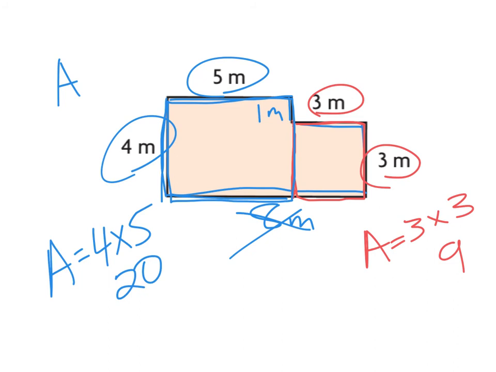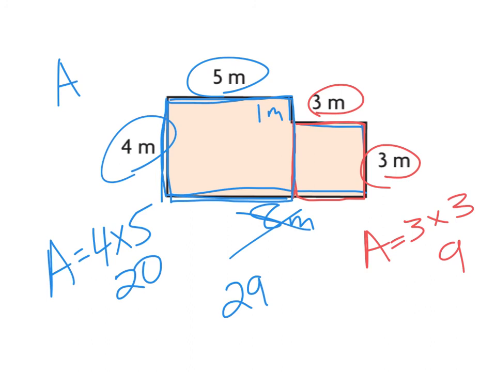Okay, now I've got to stop and think, well, hey, if I want the area of the entire thing, I've got to look at this as kind of a combination now. I've got a square on one side, I've got a rectangle on the other. If I put those together, I'm going to have to take those two and add them up. Which is easy because we have friendly numbers here. So 20 plus 9 is going to give me 29. But the thing is, if you want to do this correctly, especially since this one gave you a unit of meters, then I want to write it correctly.